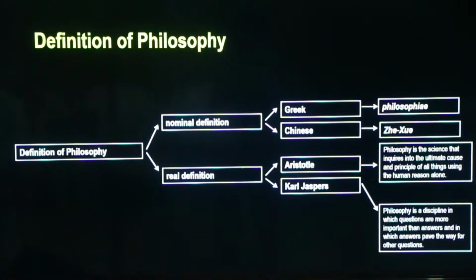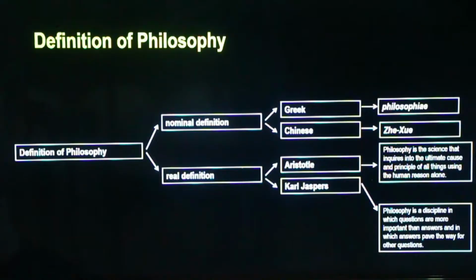So on the whole, philosophia means love or friend of wisdom. And if you are a philosopher, you do all means possible to acquire wisdom. And wisdom, once again, is the good exercise or the good application of knowledge.